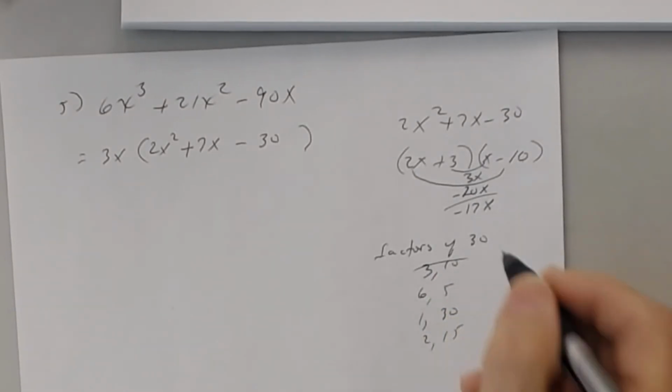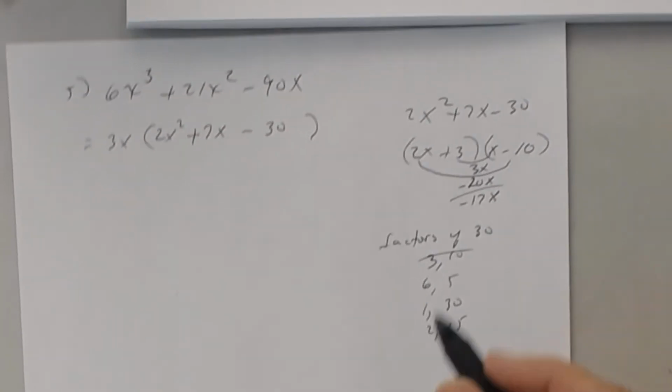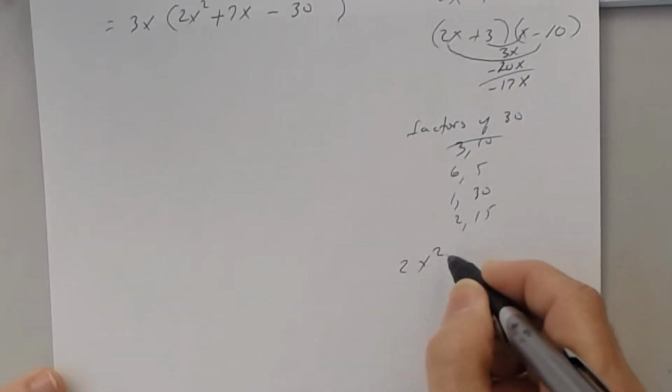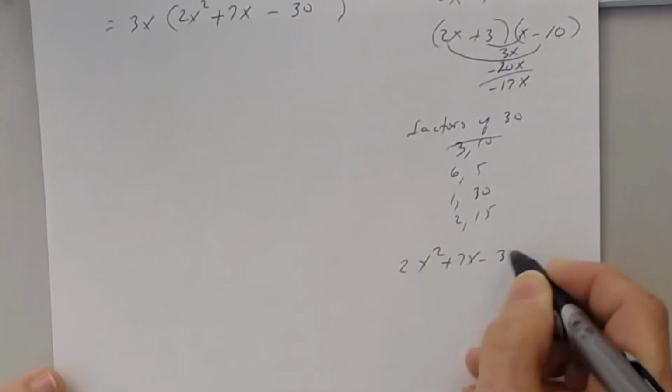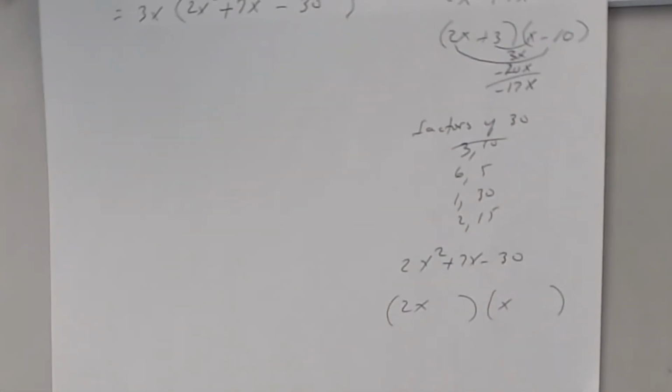So what do you want to try next? Pick something. 6 and 5, okay. Let's try 6 and 5. So let me go and rewrite this over. All right, so 2x and x. Now I'm trying 6 and 5, right?